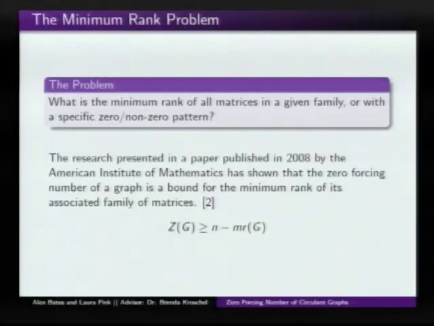The equation that they gave is that the zero forcing number of a graph is always greater than or equal to n, that's the number of vertices within that graph, minus the minimum rank of the matrices associated with that graph.